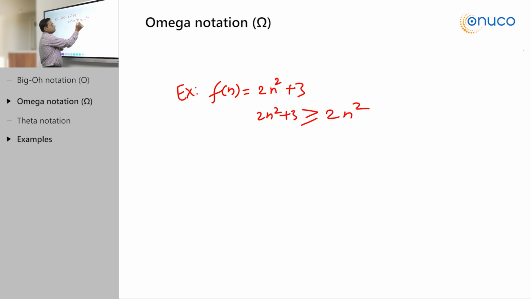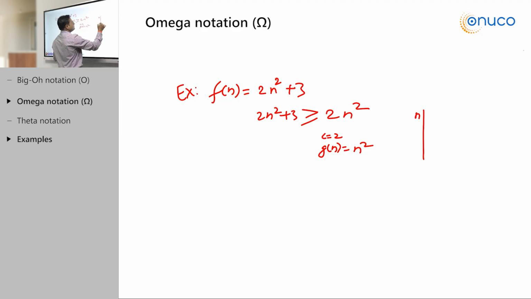C is 2 here. What is g of n? g of n is n square. What we are looking for is n naught. So how do we find n naught? We will apply the values again and again. Here we have 2n square plus 3 and here 2n square. If you take 0, it is 3 against 0, true.